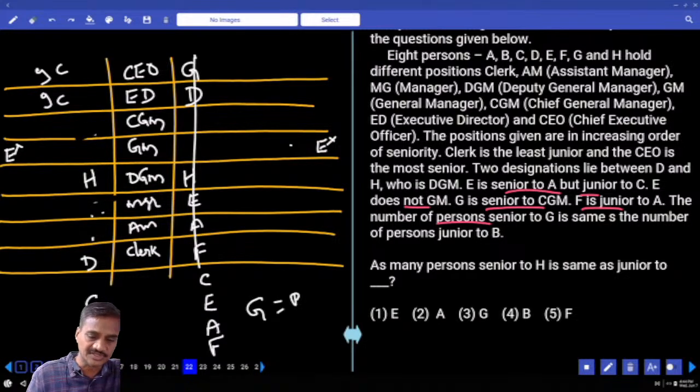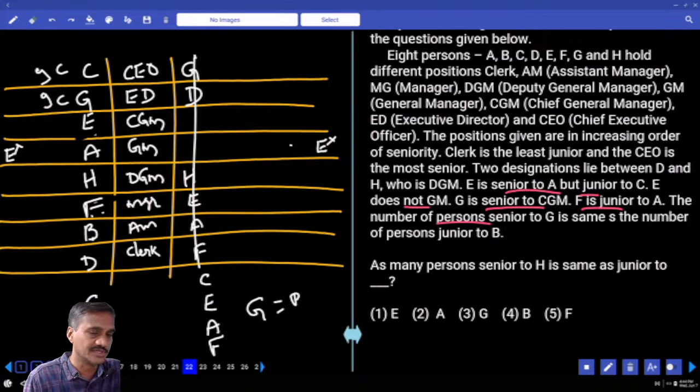Now let us take this information, G and B. If you take G and B, G cannot be at the top place because D cannot be at the bottom place. Now G is here, B will be at this place. Then C is here, E is here, A is here, and F is here. Clear? CEAF. Now this is the final arrangement.